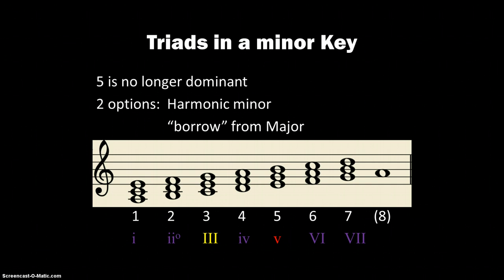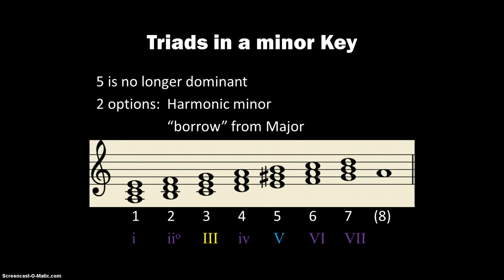Either way, we're going to raise that G to a G sharp, and now we've got a major triad that will pull back to 1 a little bit better. So let me play you the difference here. I'm going to play 1, 5, 1 in all minor, and then I'm going to play 1, 5, 1, making 5 a major triad, so you can hear the difference.